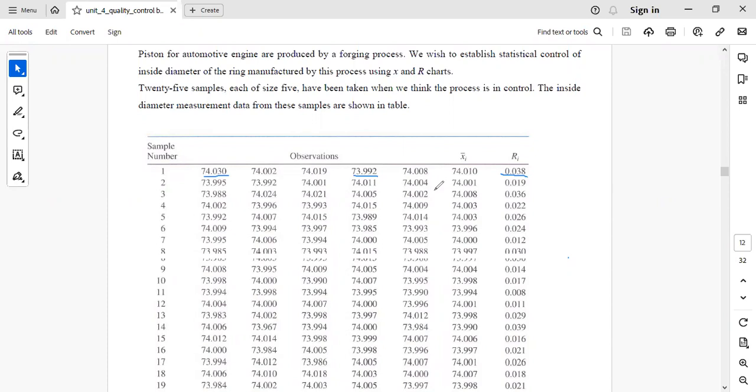Which value for the second sample? Which one is the largest? 74.011. And the smallest?